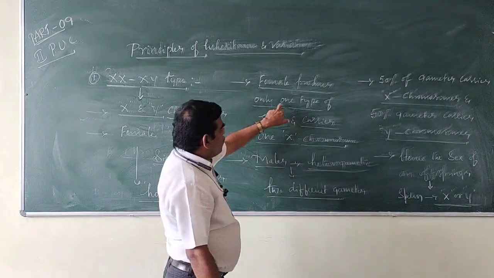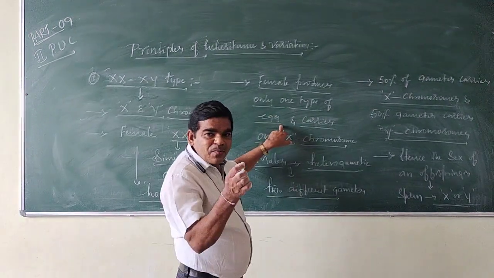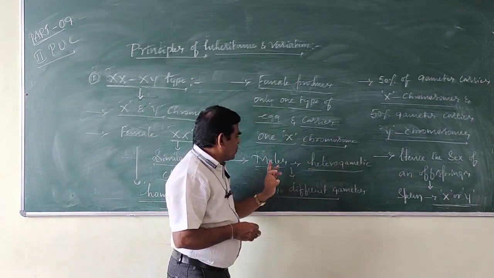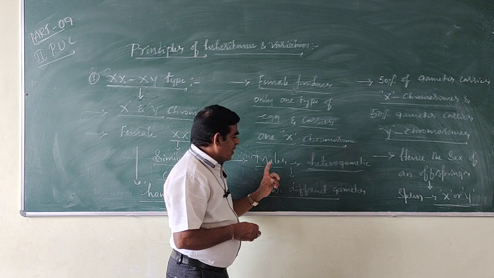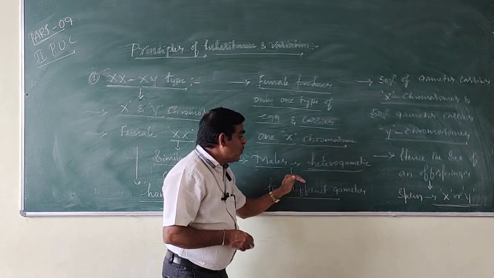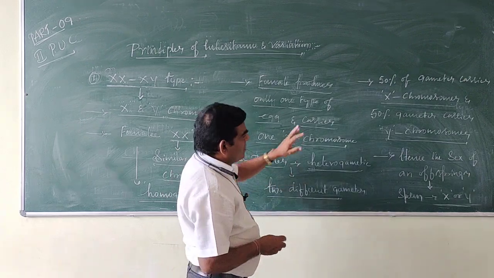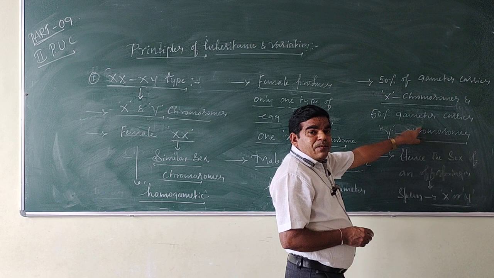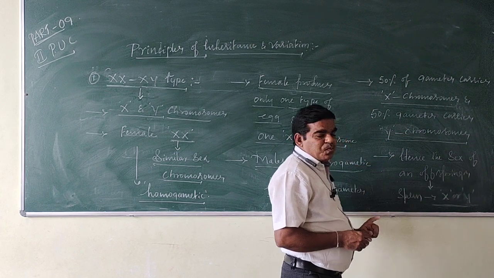And the female produces only one type of egg and carries one X chromosome. Then males are heterogametic because they produce two different gametes. 50% of the gametes carry the X chromosome and 50% carry the Y chromosome.